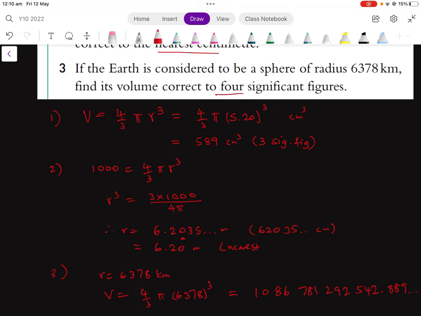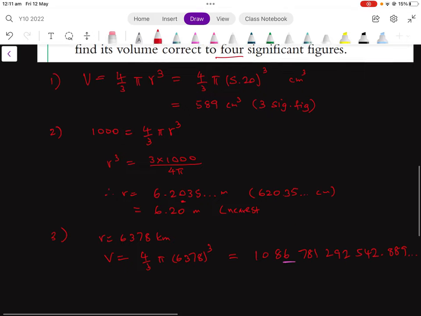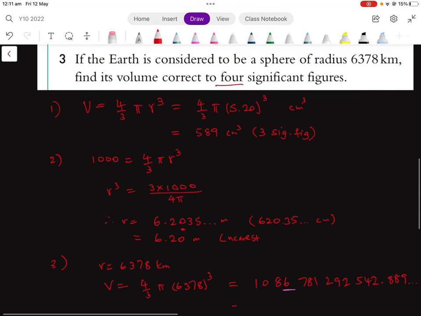So if I consider the 4 significant figures, where should I round up? Of course, I'll be rounding up at this place here, correct? And what do I have after that? 7. So this will become 1087. The rest of the decimal places I don't need to consider because I'm rounding to 4 significant figures.